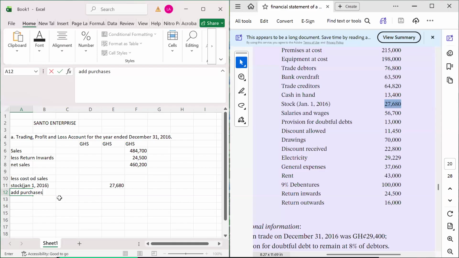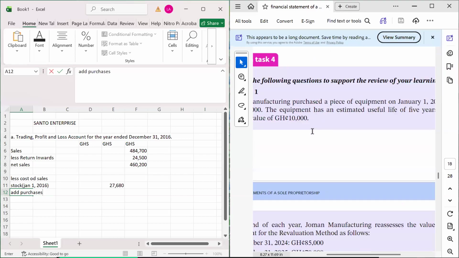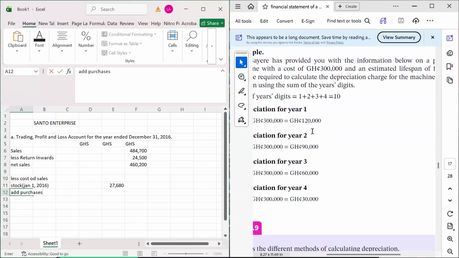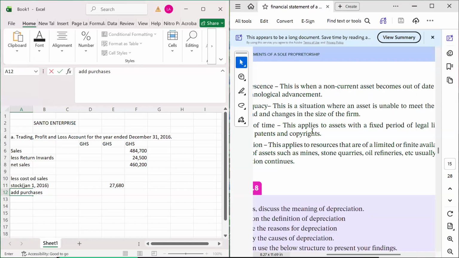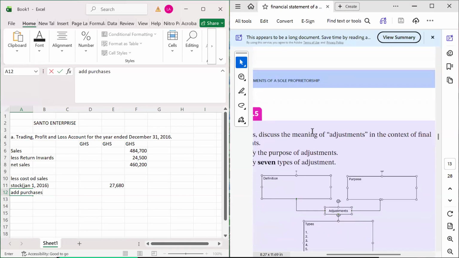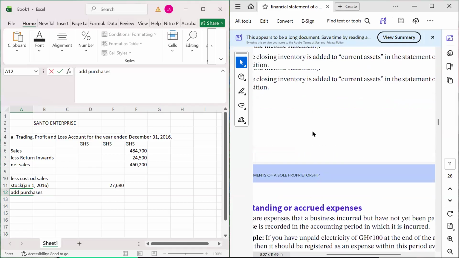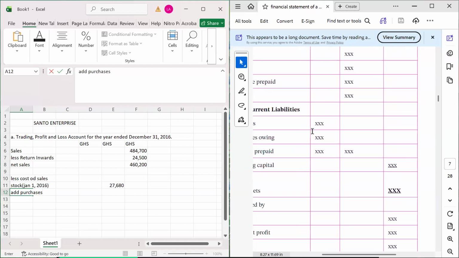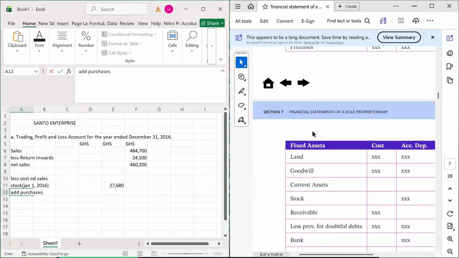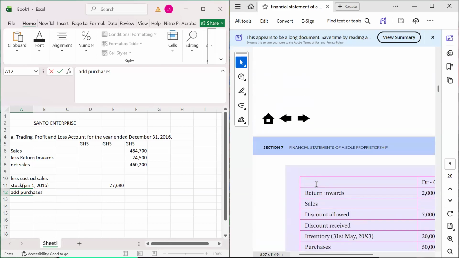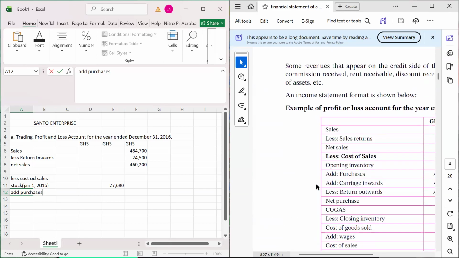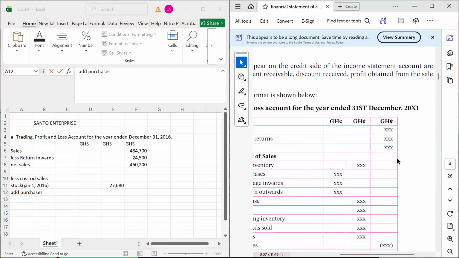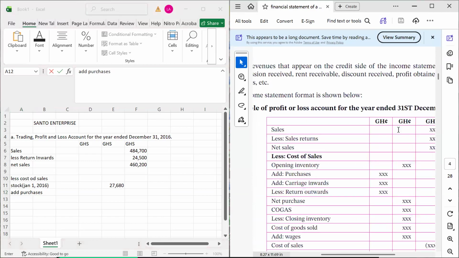Someone asks, why are we doing it like this? If you follow the format at the top, the format we gave for preparing trading profit and loss account, it's already there. So it's up to you to look at it and it will give you what to do at any time. If the thing is not there, it's not there. If it is there, you bring it. If you study this carefully, you see the sales.